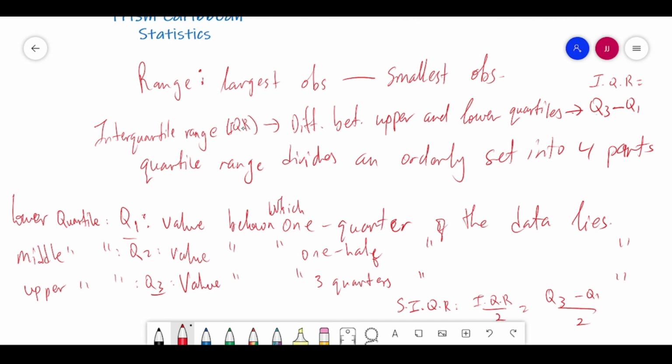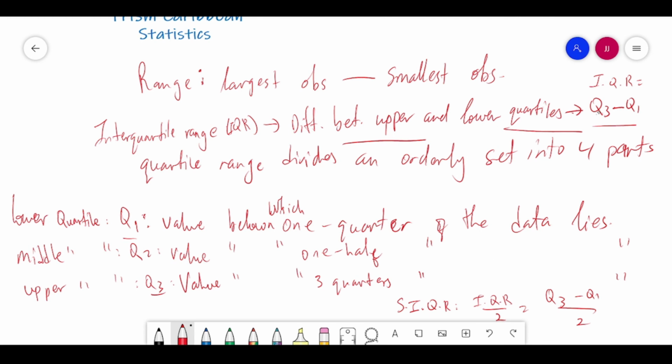So again, the range is the largest observation minus the smallest observation, and the interquartile range is the difference between the upper and lower quartiles, which is Q3 minus Q1, where we know Q3 is the value below which 3/4 of the data lie, and Q1 is the value below which 1/4 of the data lies. The quartile range divides an ordered set into 4 parts, and don't forget the middle quartile, which is the value below which 1/2 of the data lies.